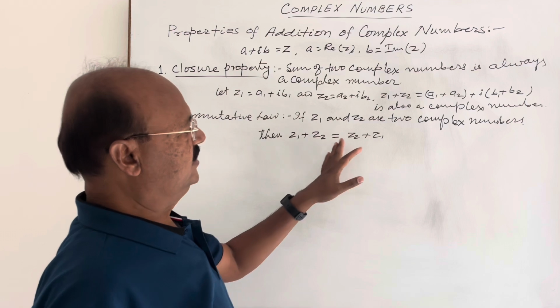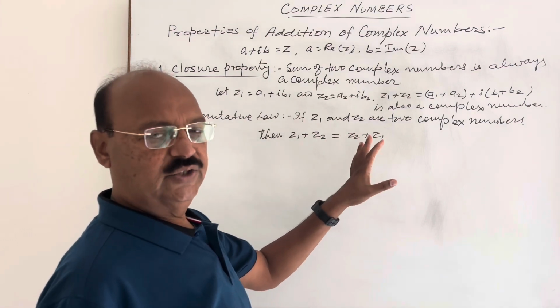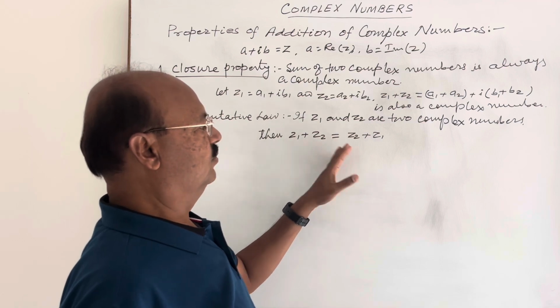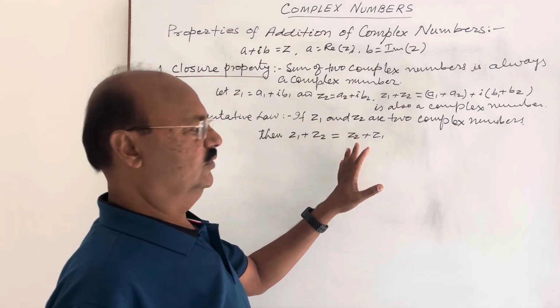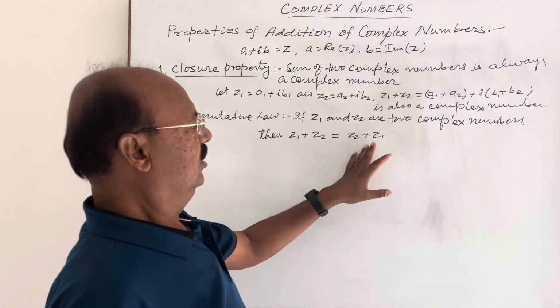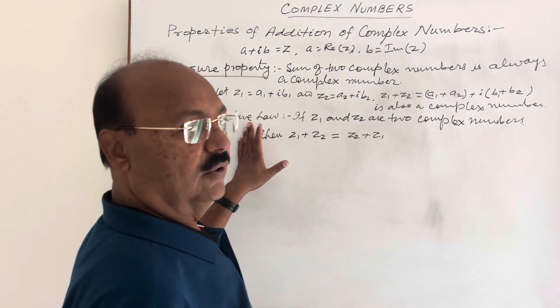Both are equal, which means the order of these two complex numbers doesn't matter. So z1 plus z2 is always equal to z2 plus z1, which is known as the commutative law.